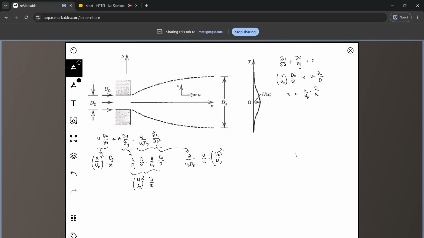So from this we can write u by u naught square times d naught by x should be of the same order of magnitude as the term here, which is u times u by u naught square, then d naught square by d.